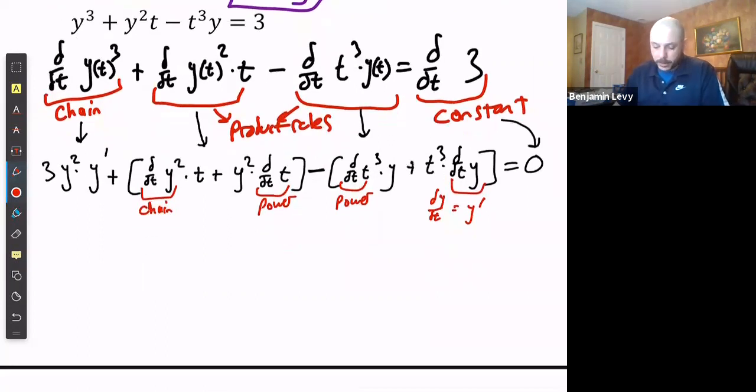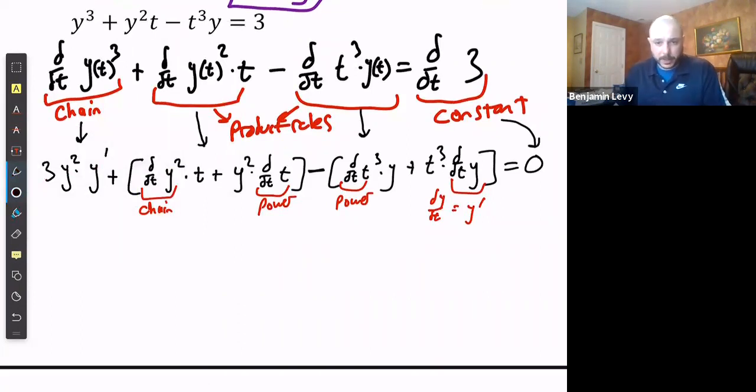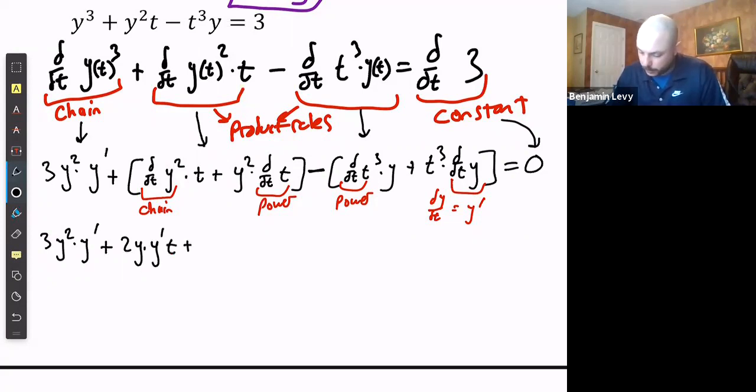So we get a similar looking expression that we'll be able to solve for y prime with, right? So this first part didn't change. We do the chain rule on that other piece, and it's going to become 2y y prime, right? d over dt of t just becomes 1.